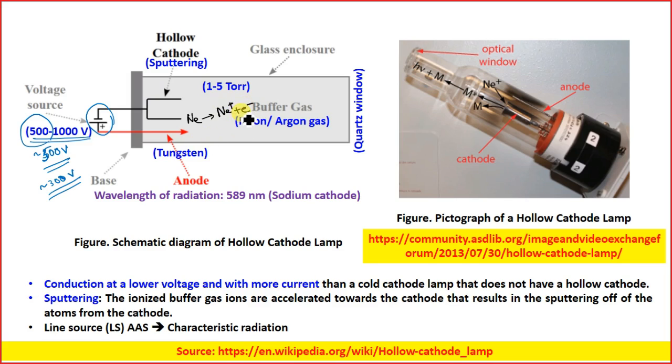Now this electron moves towards the tungsten anode, whereas the charged neon ion goes and strikes the cathode.